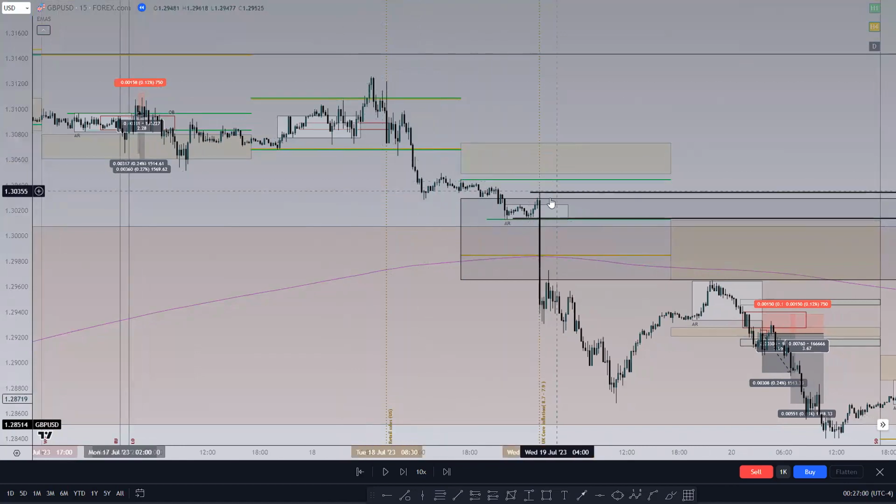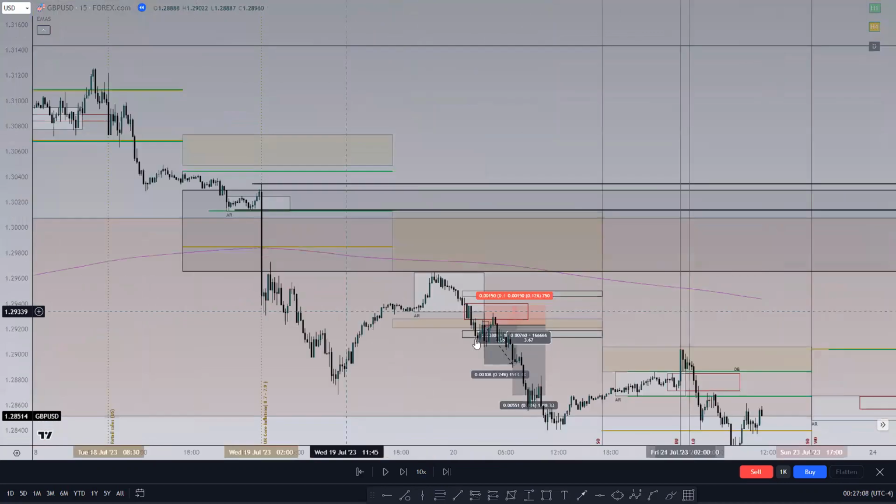And then Wednesday, price obviously gave that bearish shift to the downside. We did seek to engage in this as a purge reversal, but that resulted in a stop out. And then going into Thursday, we had a very nice BRC setup to the downside, where price broke the Asian range, retested the order block, and then gave a continuation to the downside.